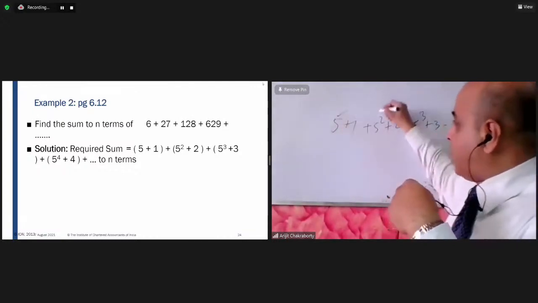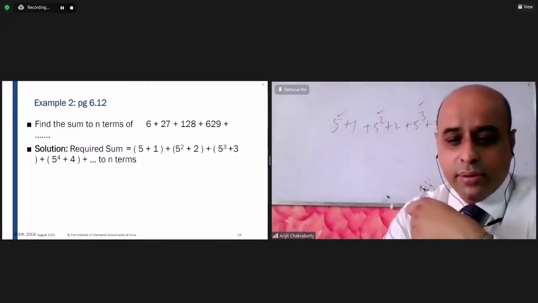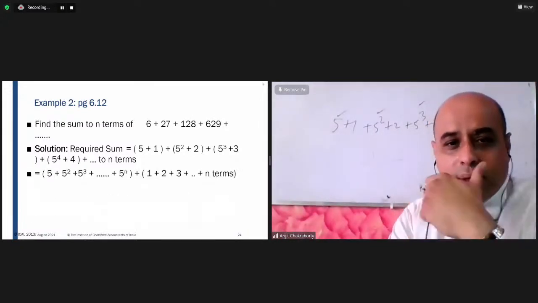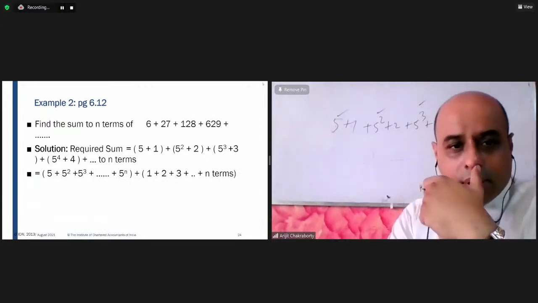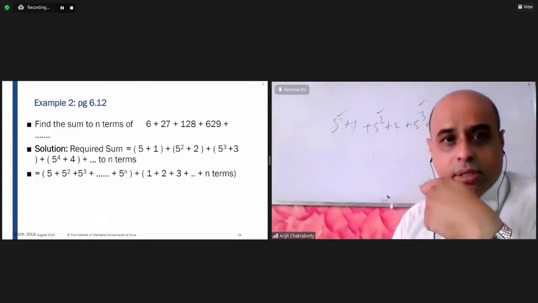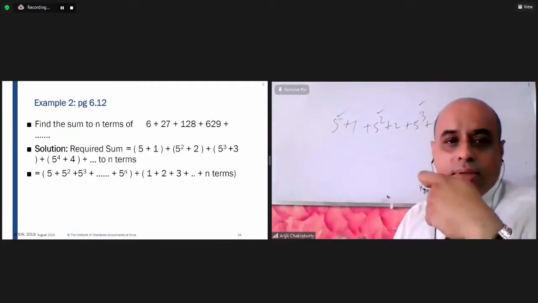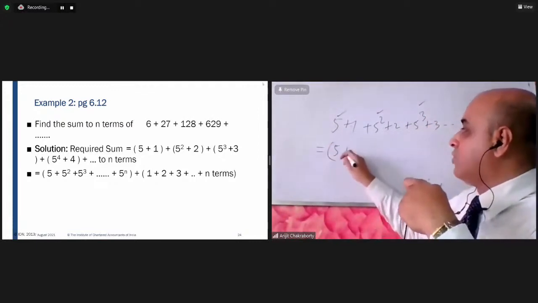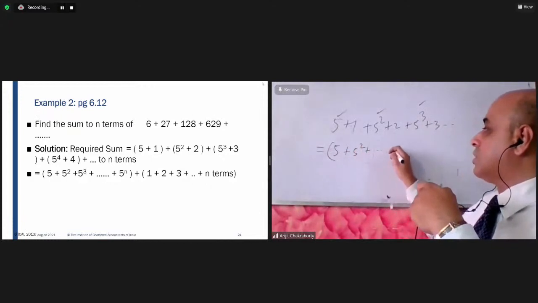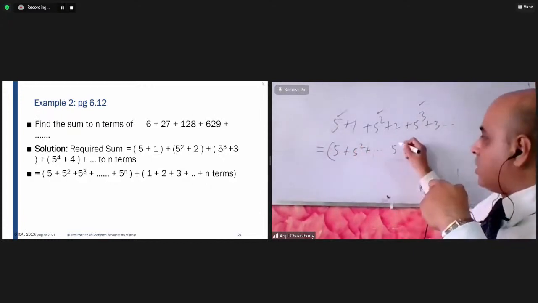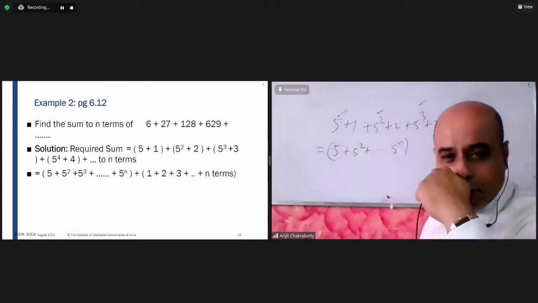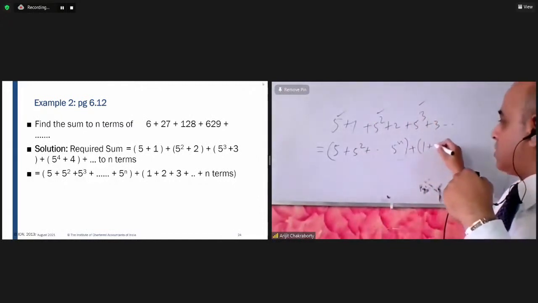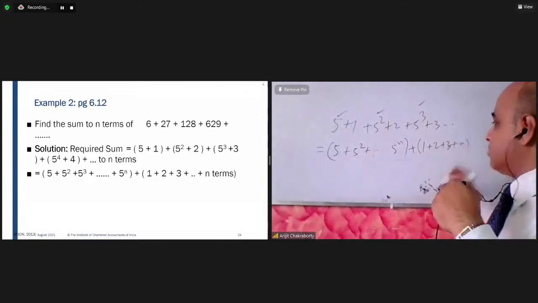If I take 5 square, 5 cube together and 5 to the power 4 and all, we will be getting certain terms, and we will take till n terms because the question clearly says find the sum to n terms. So the first series becomes 5 plus 5 square plus so on till 5 to the power n. And in the second series we are getting 1 plus 2 plus 3 up to n terms.